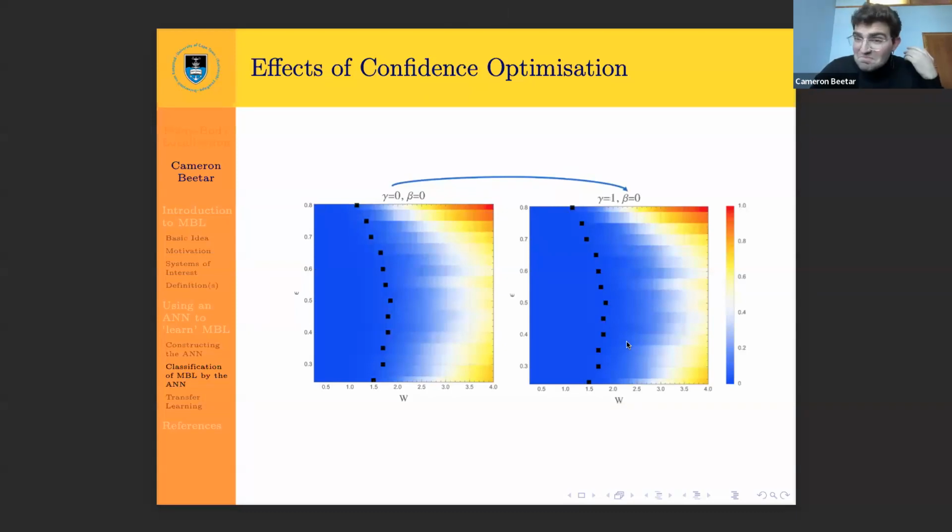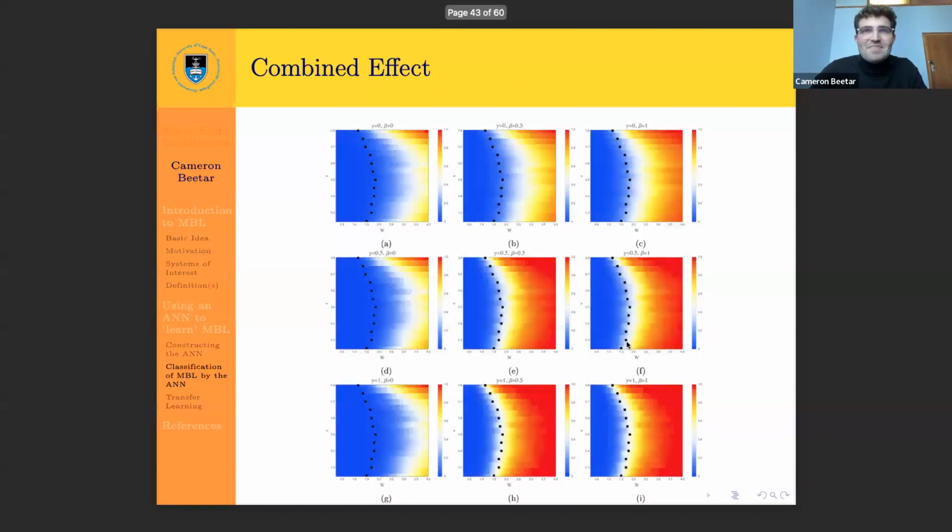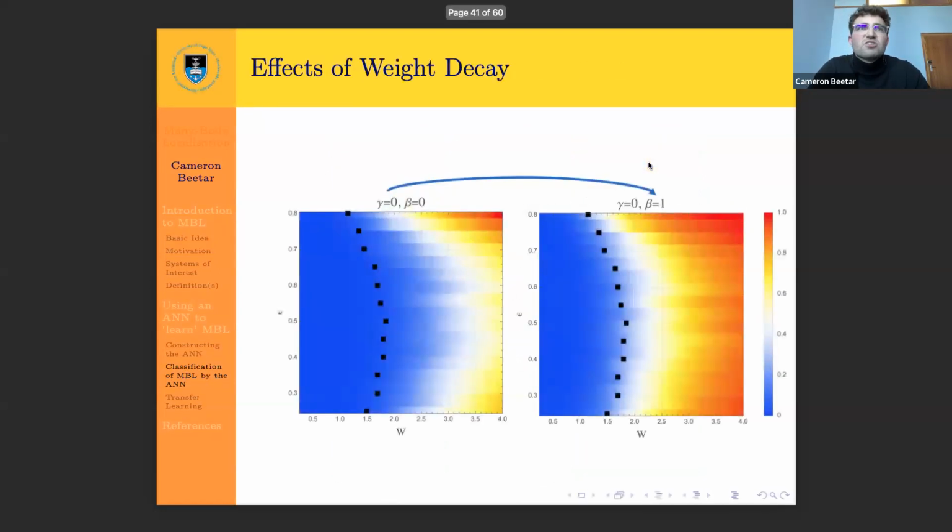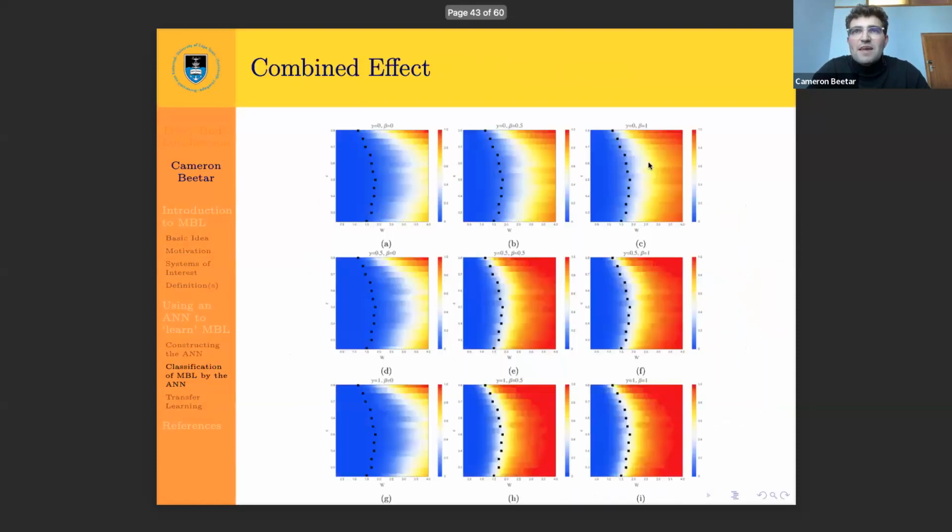What about if we consider them at the same time? Well, this is where confidence optimization finally gets to shine a bit. Starting in the top left, this is just with both of them turned off. As we move to the right, we're increasing our weight decay, and as we move down, we're increasing our confidence penalty. So these two images, top left and top right, correspond to the effects of weight decay that we saw there.